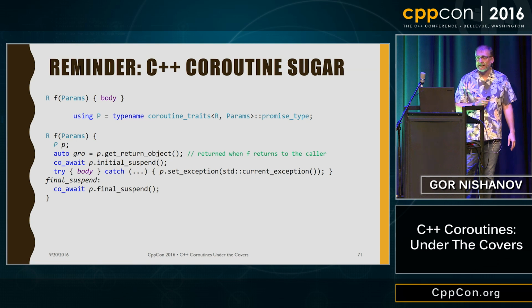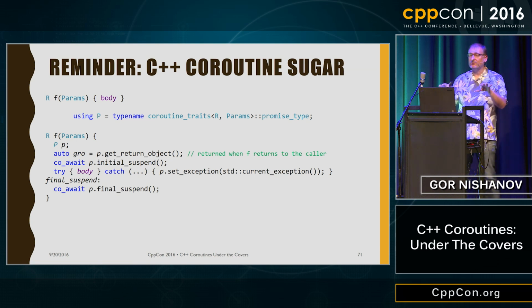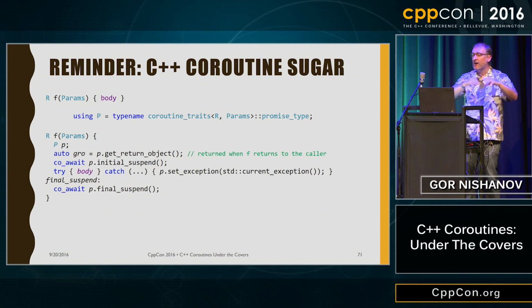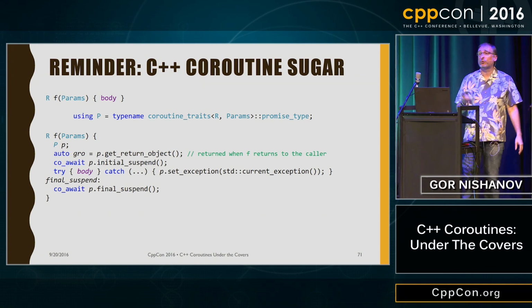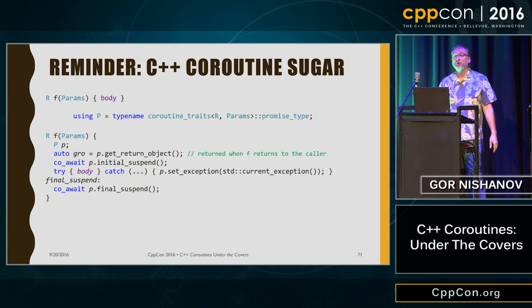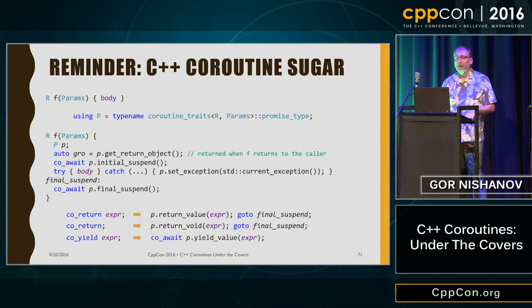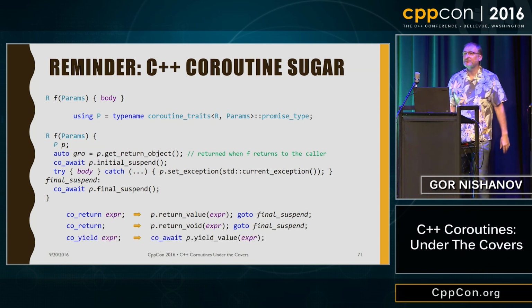If you define set exception, we will put a try catch around your body, capture the exception, and push it through your class, and then you decide what to do with it. When we hit co_return, it will inform your library, here's the value, and go to the final suspend label, same with return, and just for completeness, this is what happens for the yield.